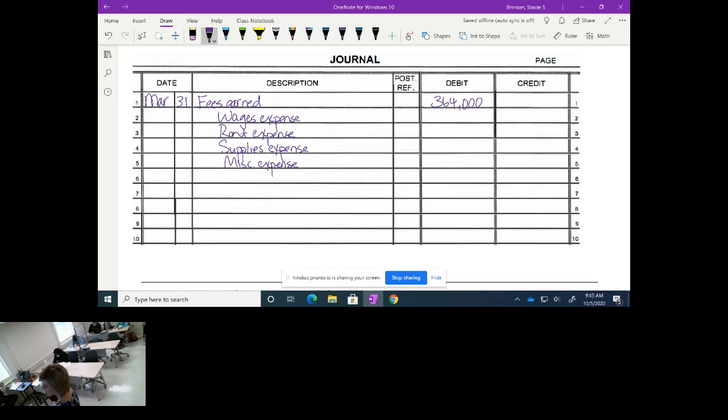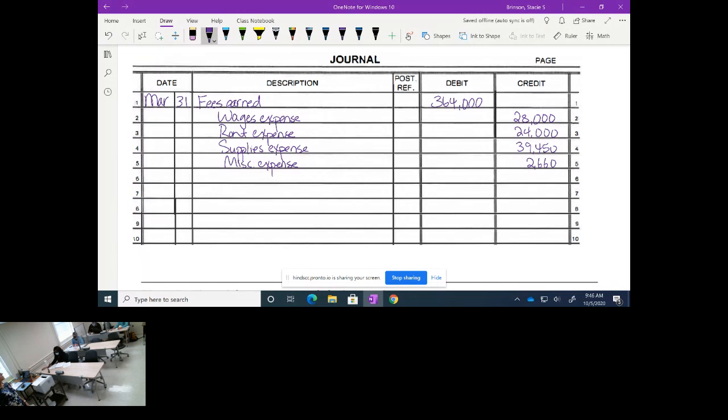Okay, so we will credit wages for $28,000. Credit rent for $24,000. Supplies for $39,450. And miscellaneous for $26,60. Okay, so what do we do next?